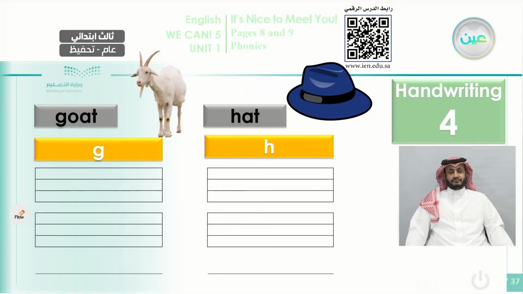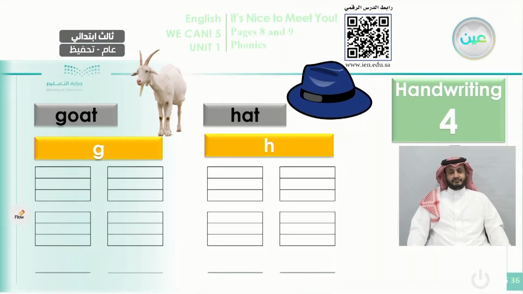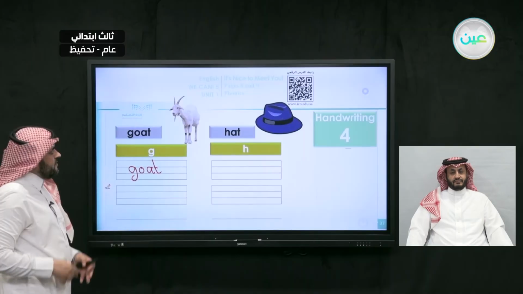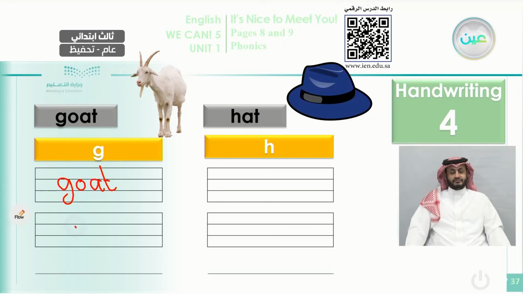How to write the 2 words here, goat and hat. Okay? Goat, we can write it in this way. G-O-A-T. If you are committed to the lines, that means you make your handwriting neat and tidy. Goat, G-O-A-T.